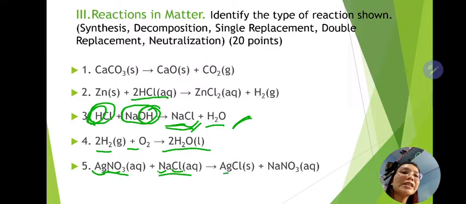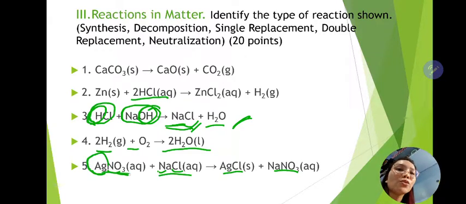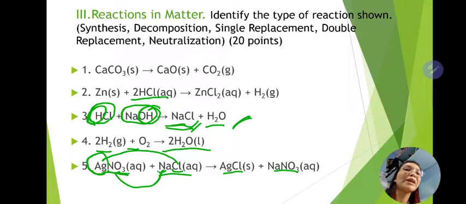Now, we will have AgCl and sodium nitrate. Before, Ag and NO3 were together, and now Ag is with Cl. And from NaCl, it became NaNO3. Since replacement happened twice, we can call this a double replacement reaction. Okay? I hope that is clear with you.